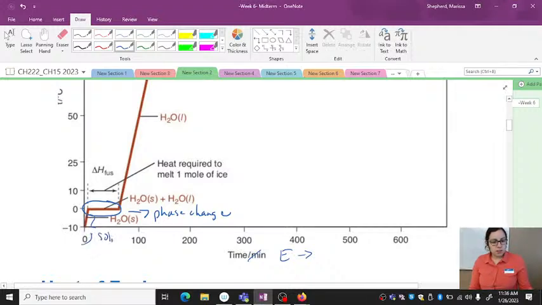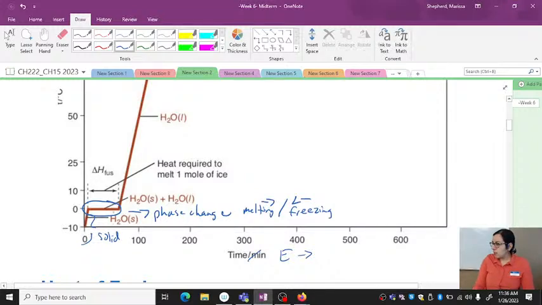So of course it's a solid. If we're going in the forward direction, this would be melting. And if we're going backwards on this chart, losing energy, then that would be freezing.